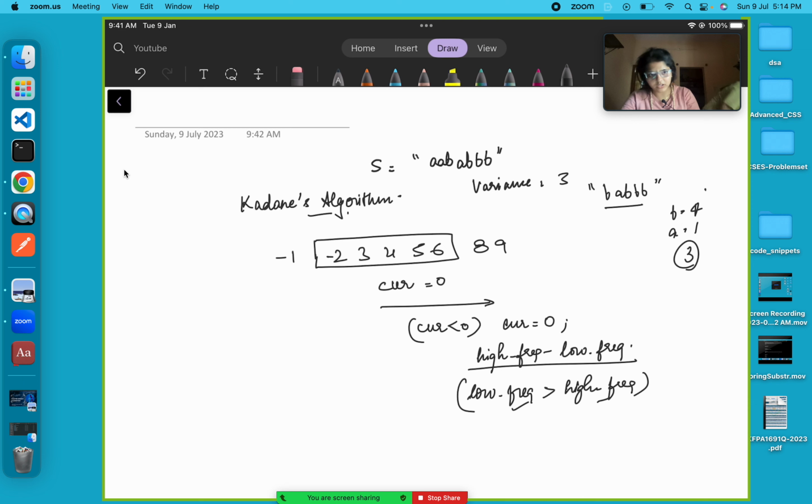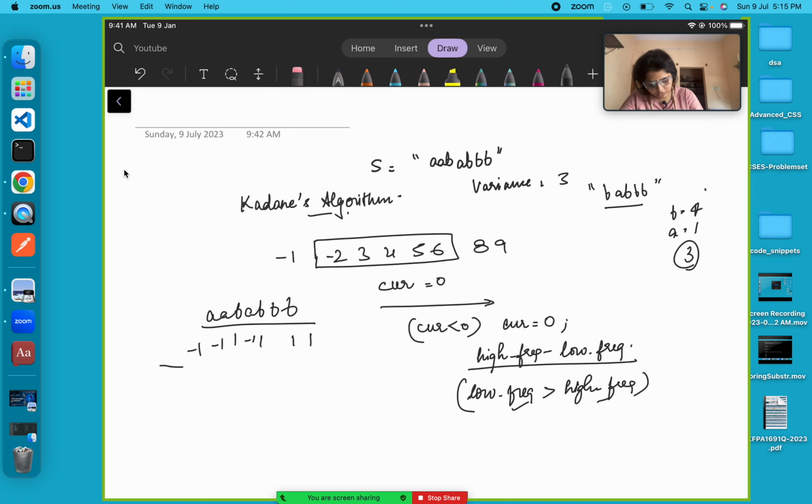Many of the discussion posts show that if you have these two variables, you can write the higher frequency variable as 1, 1, 1, 1 and the lower frequency as minus 1, minus 1, minus 1, and then find the largest subarray with a positive sum, and it will give you the answer.